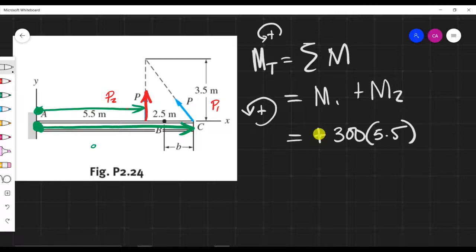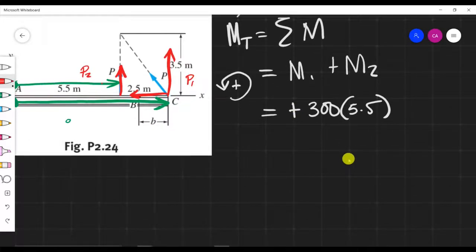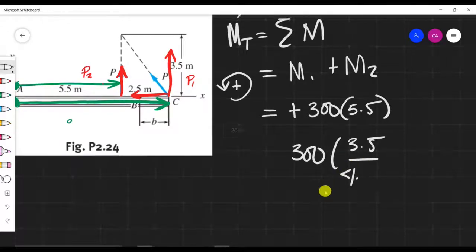Alright? Now, si vector P1, nahati yan sa dalawang component. Isang pataas na component at isang pakaliwang component. So, yung unang component ng P1 ay 300 times 3.5 over 4.30116.